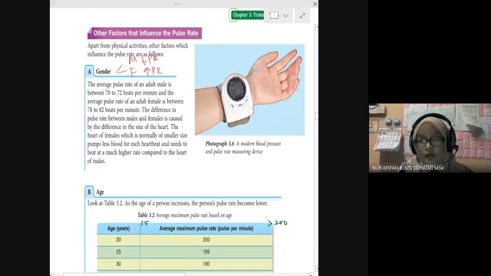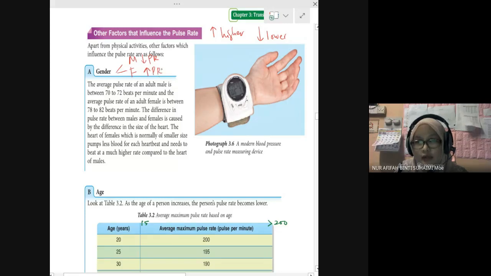I use an arrow symbol: this one means higher, and the upside down arrow is for lower. I will always use the symbols higher or lower, using arrows. So male has a lower pulse rate, female has a higher pulse rate.